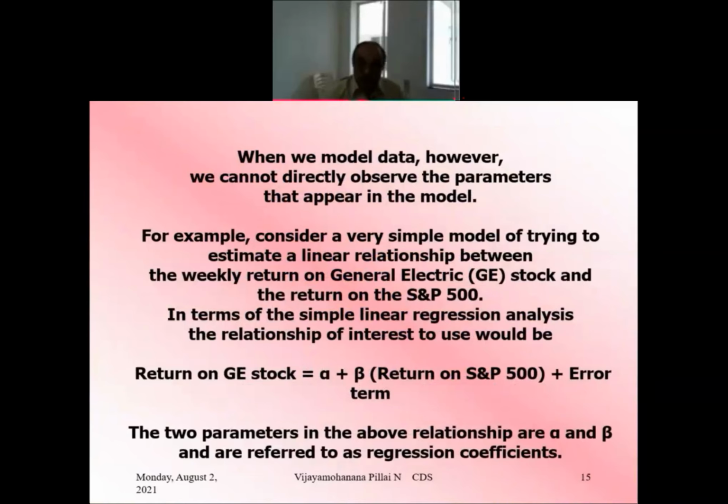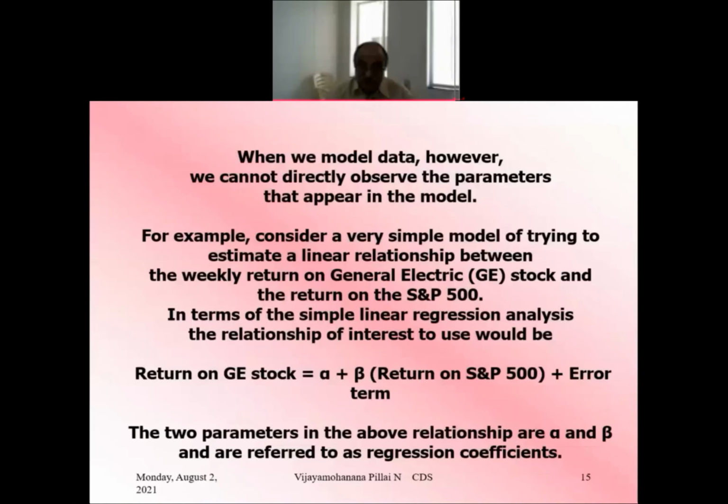For example, consider a very simple model of trying to estimate a linear relationship between the weekly return on General Electric stock and the return on the S&P 500.